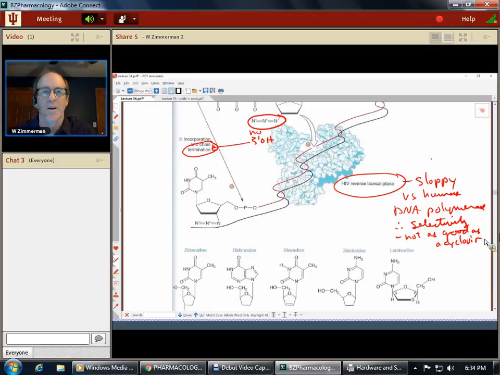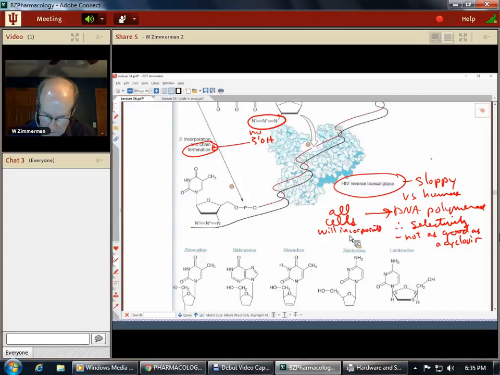Additionally, how do I say this correctly? DNA polymerase will be converting this or incorporating it. It is fairly selective, but all cells, infected or not infected, will incorporate some of the false bases.